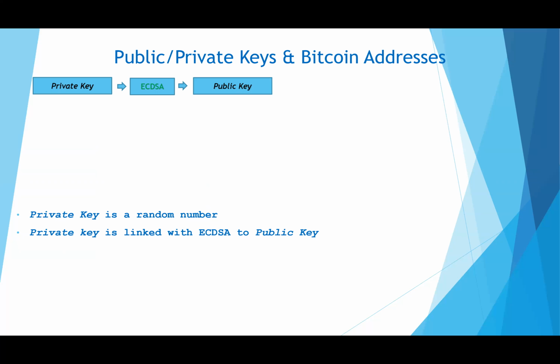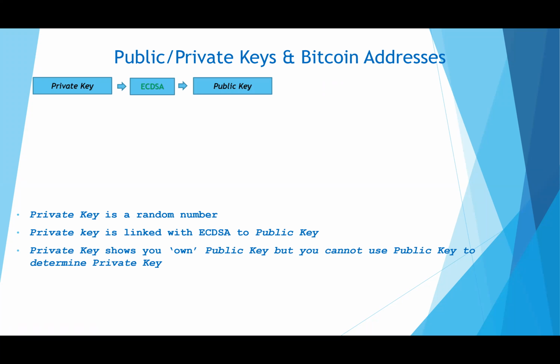But we run a thing called ECDSA, which is the elliptic curve digital signature algorithm, which is another hashing type algorithm, which pairs up a private key to a public key. A private key shows you own the public key because they are linked. But you can't use a public key to figure out what the private key is. So they're the two parts of a jigsaw: a private key proves you own a public key, but you can't use a public key to identify what the private key is.